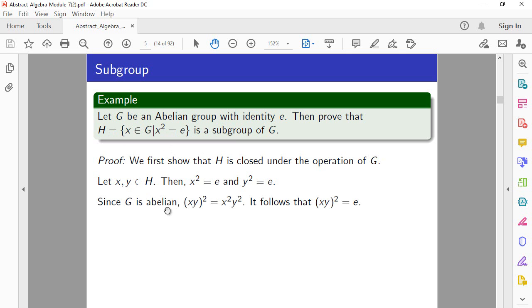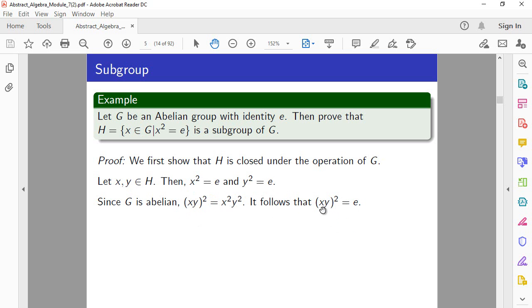Since G is an abelian group, we can say that the square of xy is the same as x squared times y squared, and because x squared and y squared are both equal to the identity, we see that x squared times y squared is also equal to the identity. So therefore (xy) squared is equal to the identity.